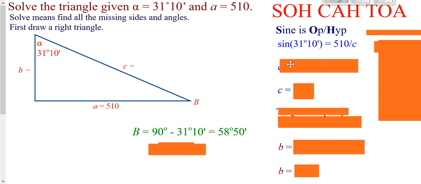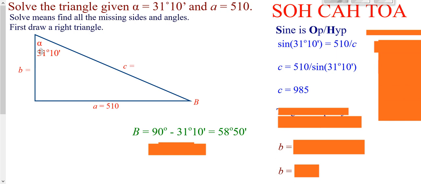And then we could finish getting C solved, and we get our calculator ready form. We type that in and we get this. We're not concerned about exact answers here because in the last problem we were dealing with angles that we were supposed to have memorized. Here, 31 degrees, 10 minutes is not one you're supposed to have memorized, so decimal approximations are perfectly fine.